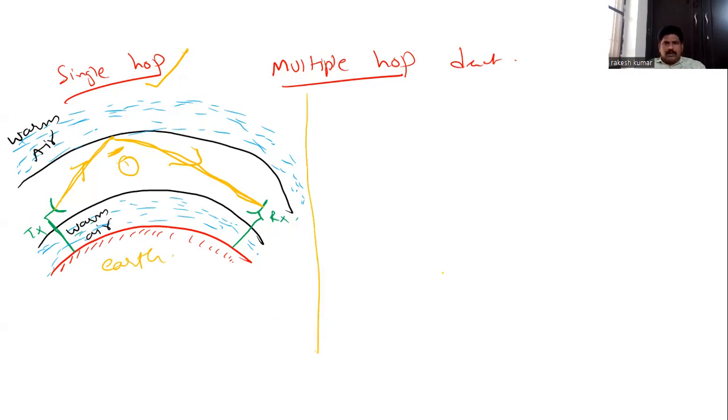Let us consider multi-hop. Let us consider this is my earth surface. So this is cool air.